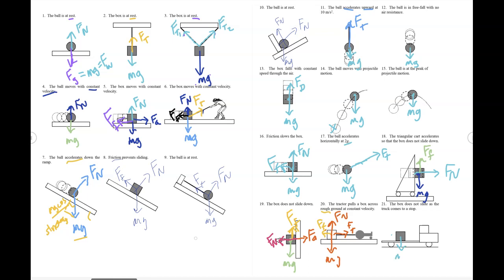We'll start with the easy one, mg. We've got the normal force. And then we have the frictional force back this way. Box does not slide while the truck is accelerating backward.